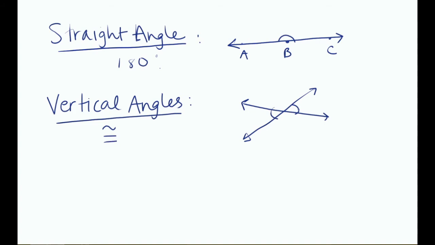So those two angles are congruent to each other. We also have these angles over here, and I'm going to write them with two lines so that they're not the same as our original angles. These two are also vertical angles to each other. So these are angles with the same vertex. That means this point right here in the middle, and they're always congruent.